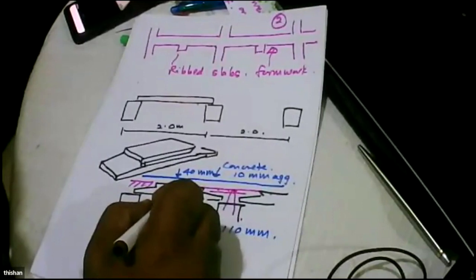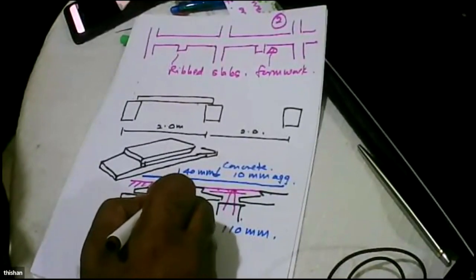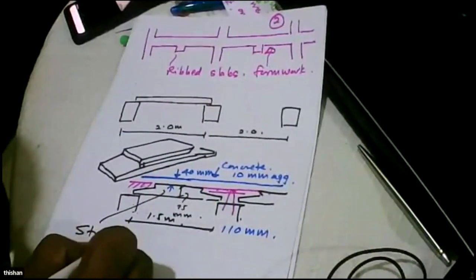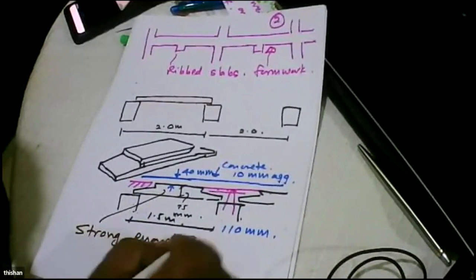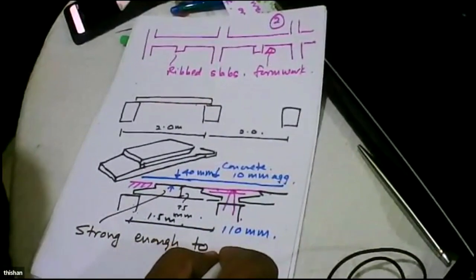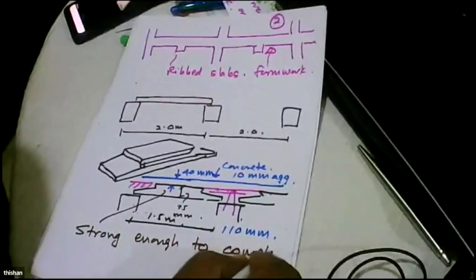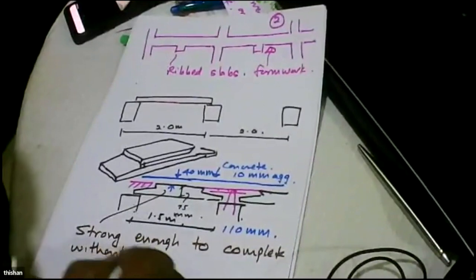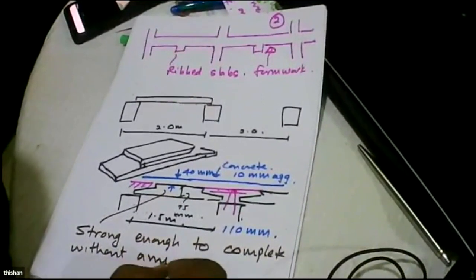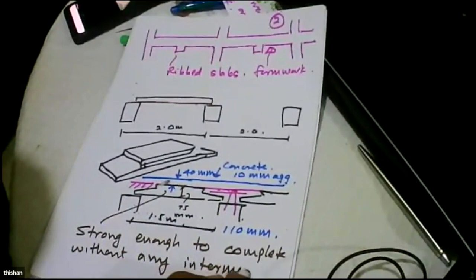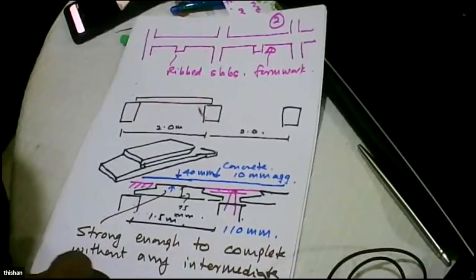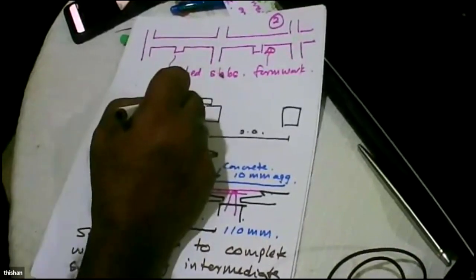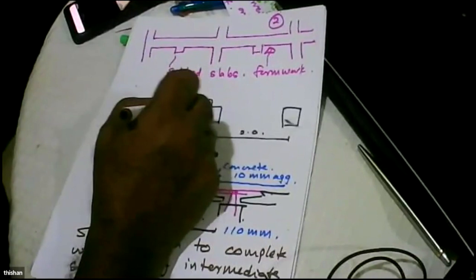Now, why we needed 75 millimeters was that this was strong enough to complete without any intermediate support. Later we thought, okay, why are we so worried about the construction stage?